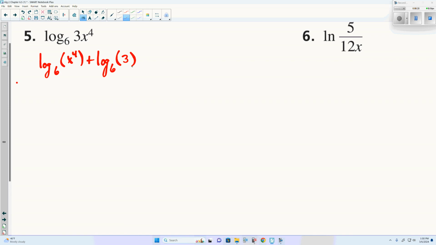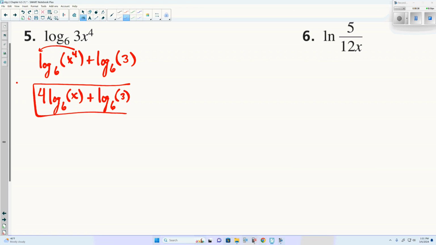Now our power property would do what? Remove the 4 to the front, then have 4 log base 6 of x plus log base 6 of 3.